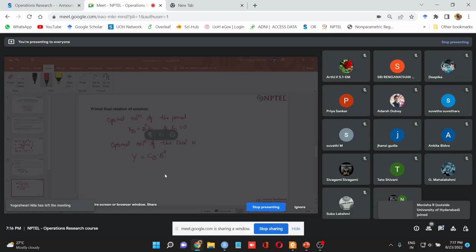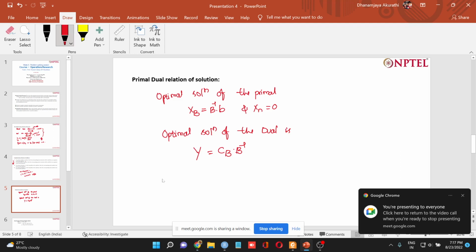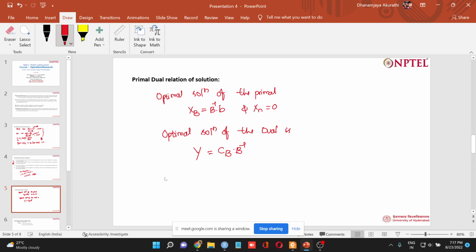Okay, the optimal solution we are finding, good. And what would be the optimal objective value of the dual? In a symmetric primal-dual case, the objective values of the primal and dual LPP are the same, since we had discussed it before.